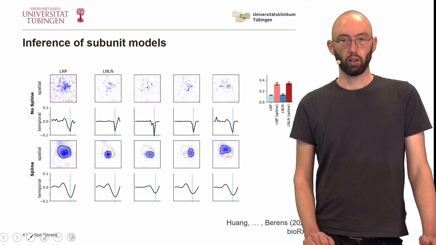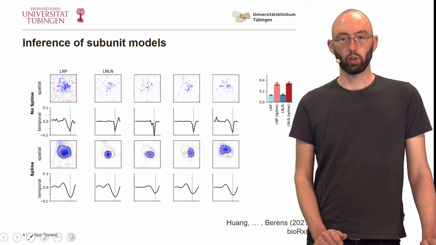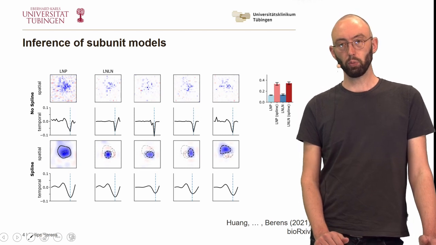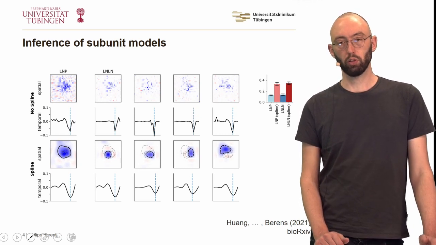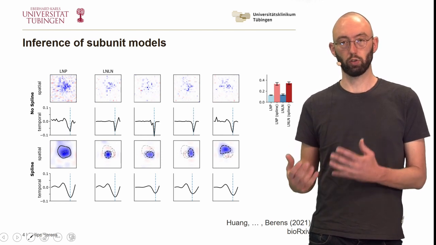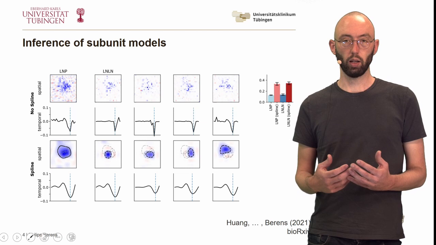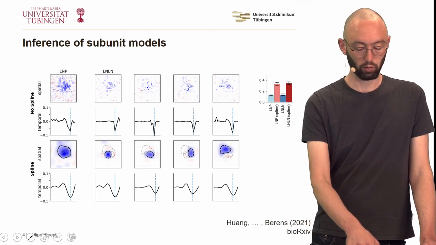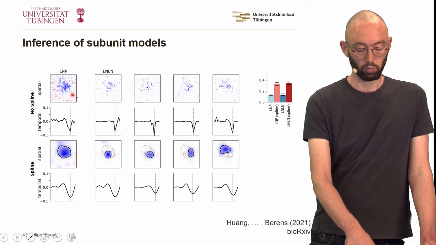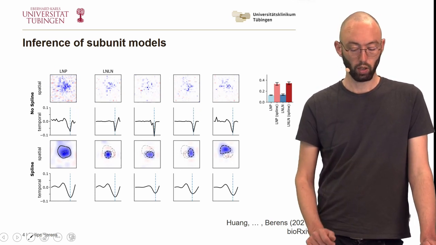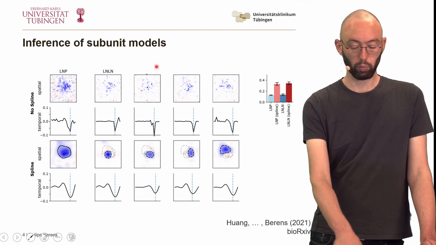In the last lecture, I already introduced the concept of using a spline basis for inferring receptive fields, and because such subunit models have even more parameters, because one parameter set has to be learned for each of these subunits, using the spline basis is even more helpful in this case. So here we have an LNP model for a certain ganglion cell that is learned from data, and here we have the subunit model.